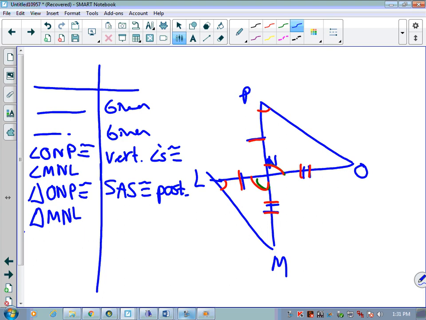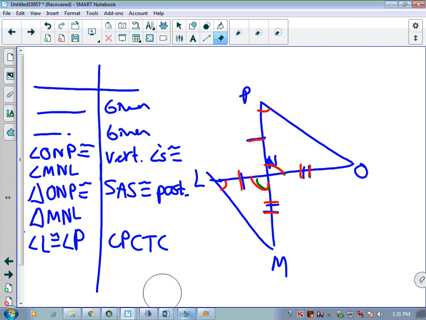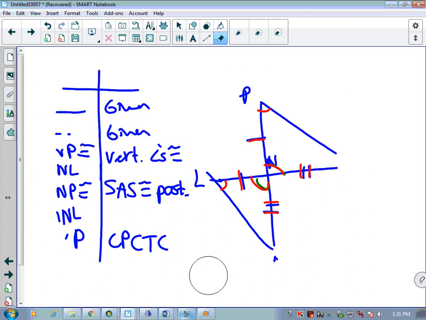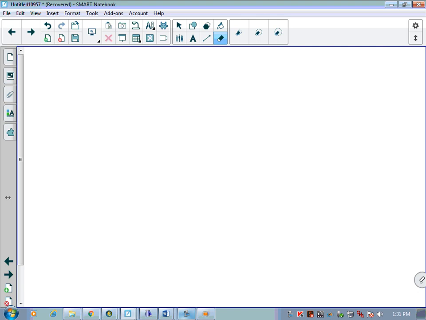And then our final one is angle L is congruent to angle P through CPCTC, because they're corresponding parts of congruent triangles that are congruent. That's what you're looking for there. That was 15. Okay. 16.